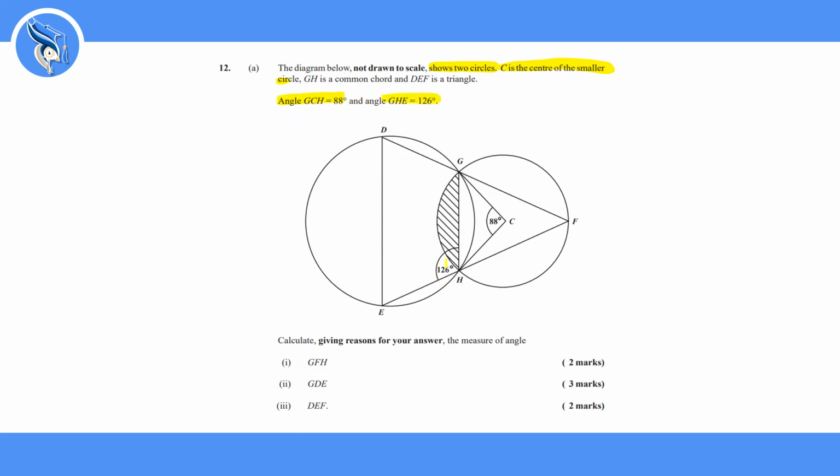GHE is 126 degrees. First question, calculate, giving reasons for your answer. Working is a reason as well. The measure of angle GFH first. All right, GFH.